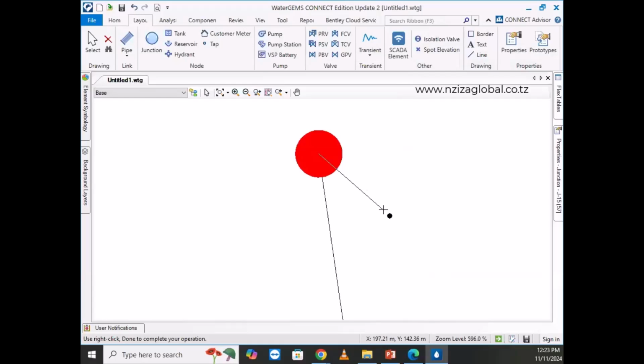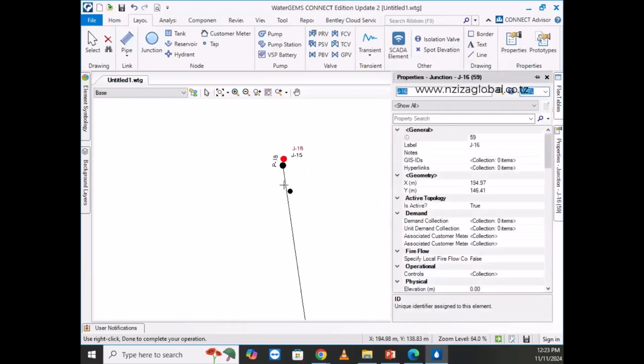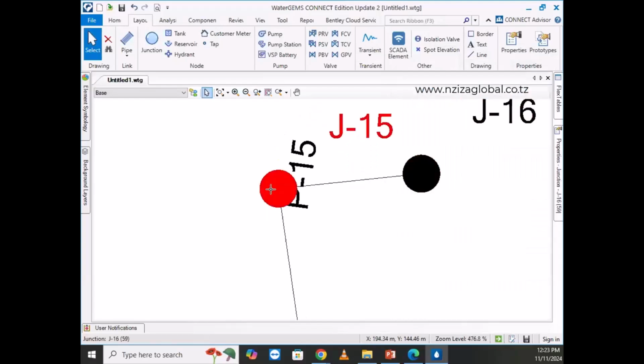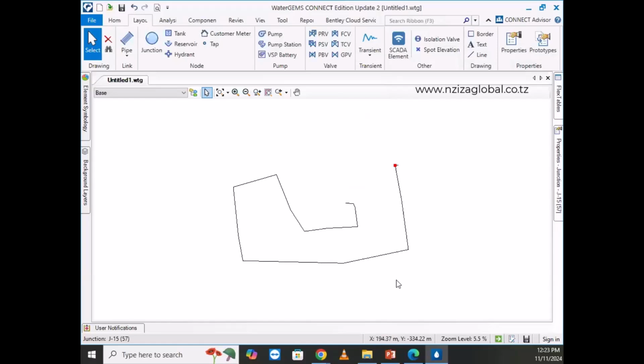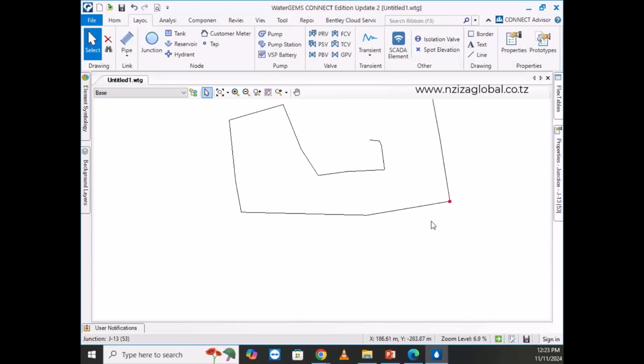You see there is a node being added. At each point where the pipe is crossing, where the pipe is stopping, there must be a node. You get?